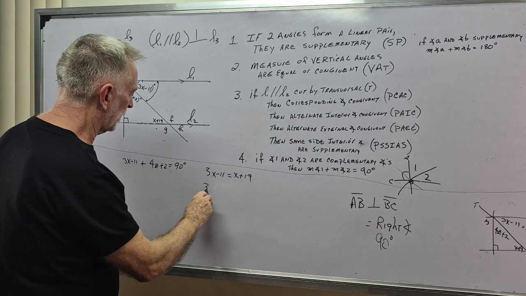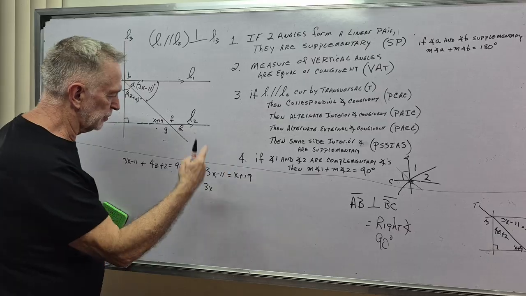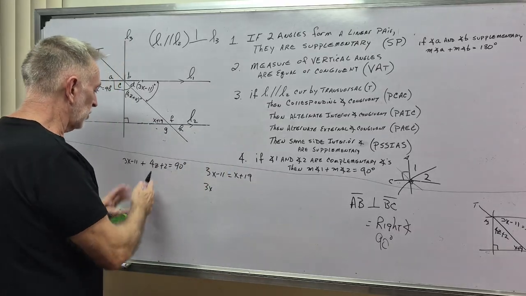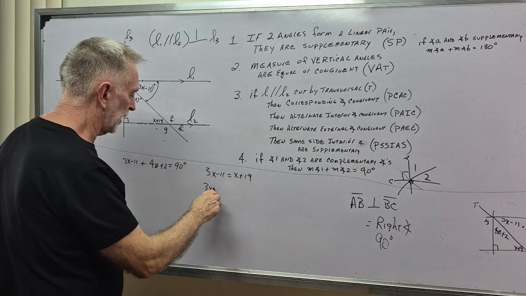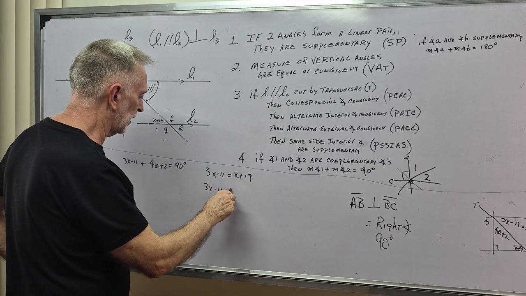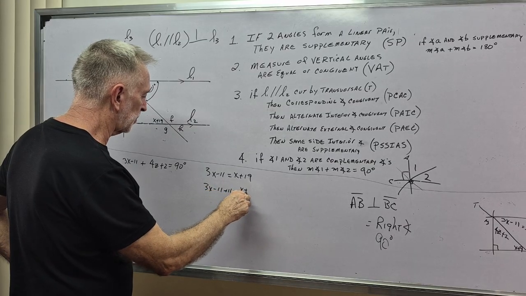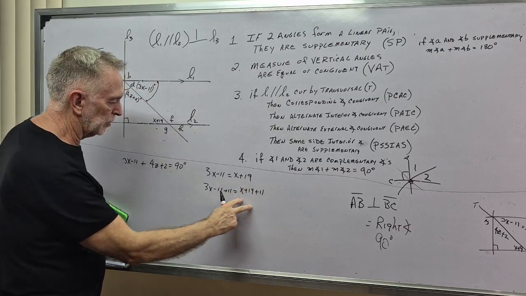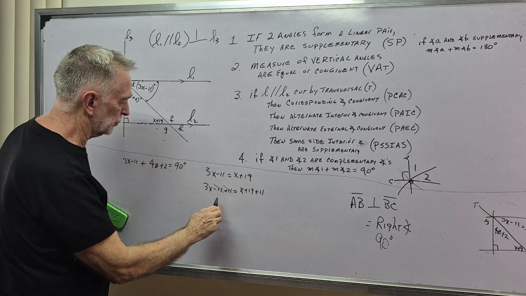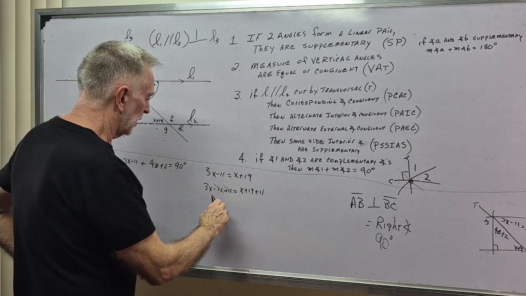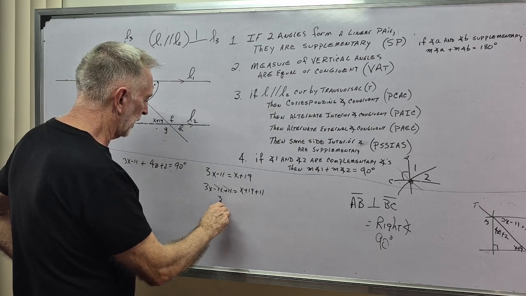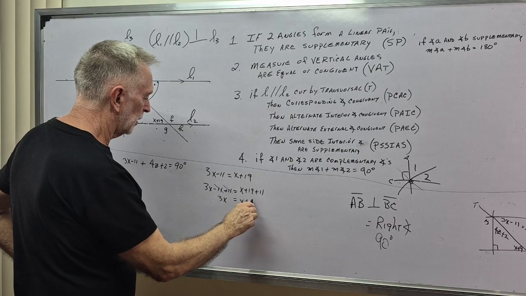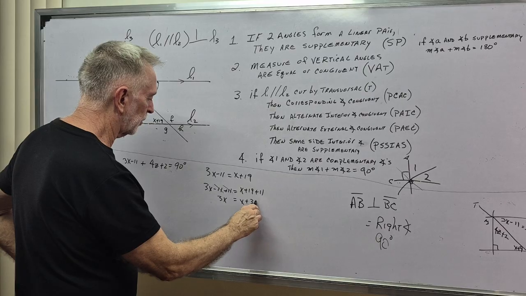Okay, so I have two equations, one unknown. Let's solve for x, and then we'll go back over here. 3x minus 11 plus 11 equals x plus 19 plus 11. I've added 11 to both sides. It cancels it here. Now 3x equals x plus 19 plus 11 is 30.